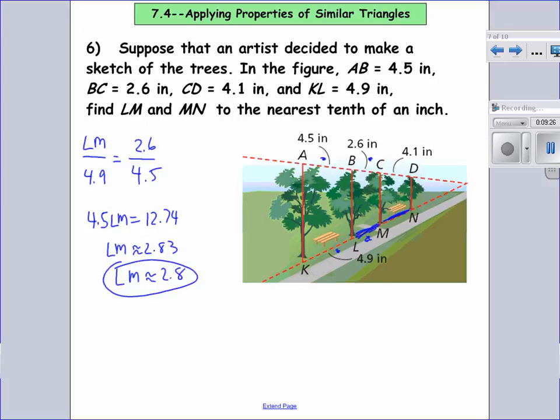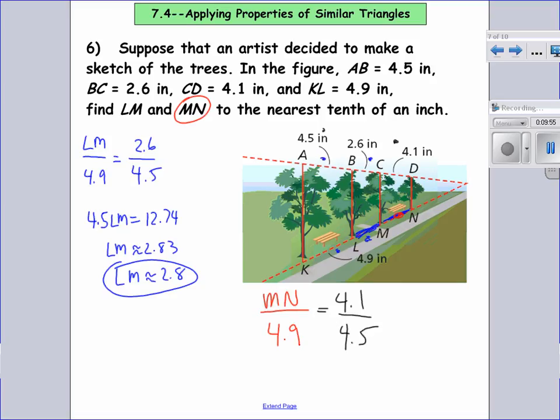All right, let's go ahead and do the same thing for MN, which is right here. So MN, let's do with sides we know. MN is to KL, which is still 4.9, as on the top side of this thing, CD, which is 4.1, is to AB, 4.5.